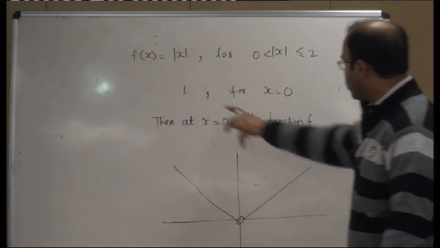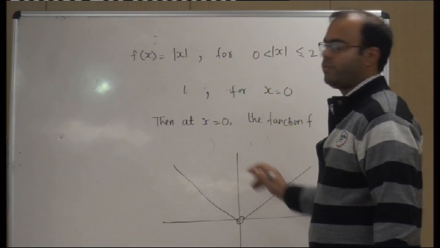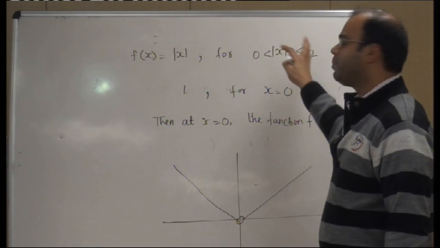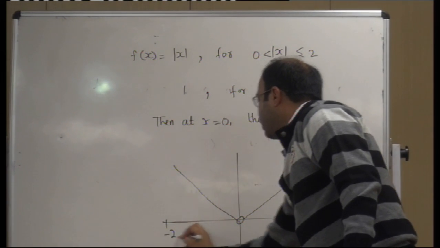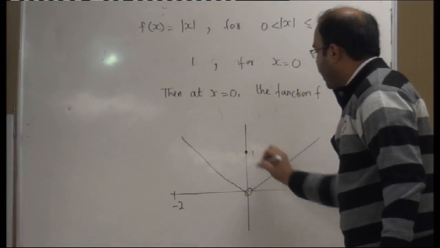At x equal to 0 it has been defined as 1. So this point will not be included, and this is a discontinuous function. Mod x is between 0 and 2, that means it is between minus 2 and 2 except 0, and at x equal to 0 the value will jump to 1.